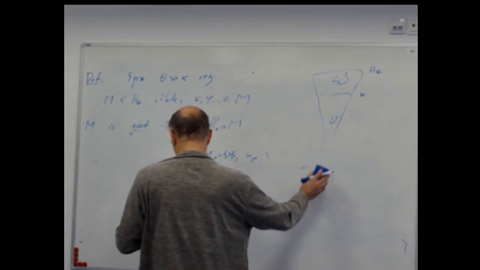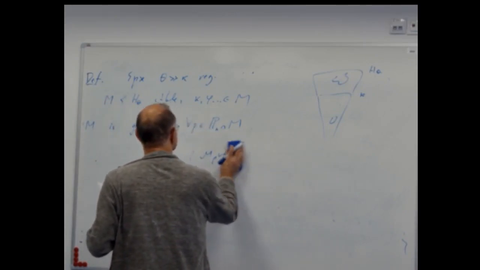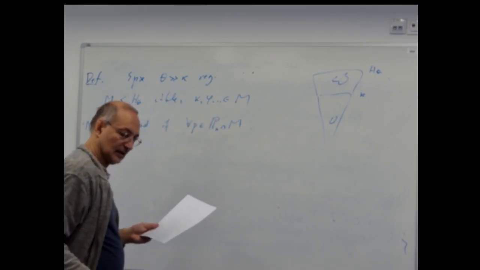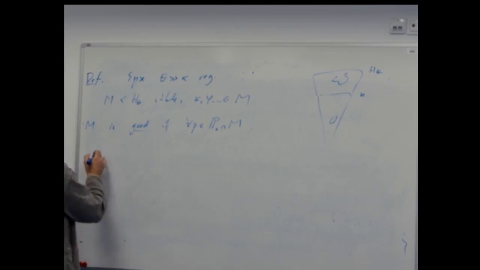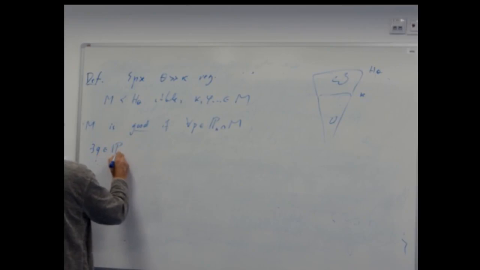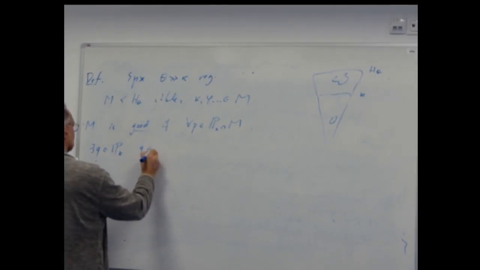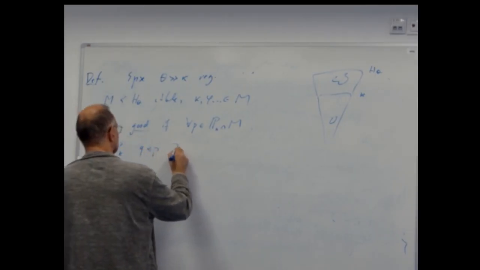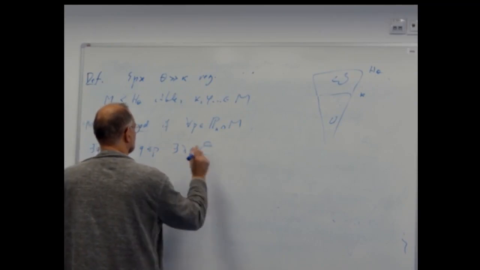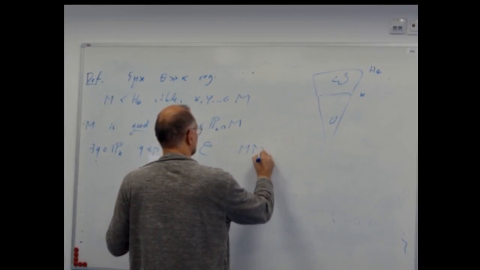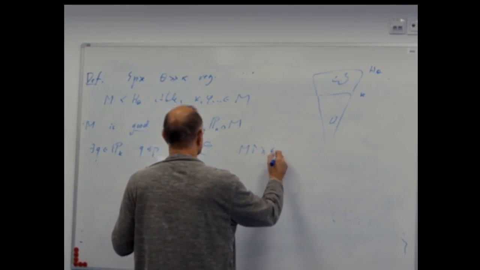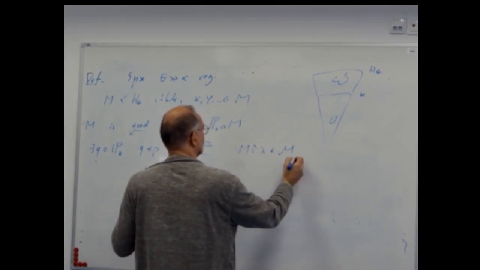So what you want is, now I'm back to my definition, I try to motivate the definition: for every p there is q in P kappa, q less than or equal to p, and there is lambda in E such that N projected to lambda is in the model sequence of q.